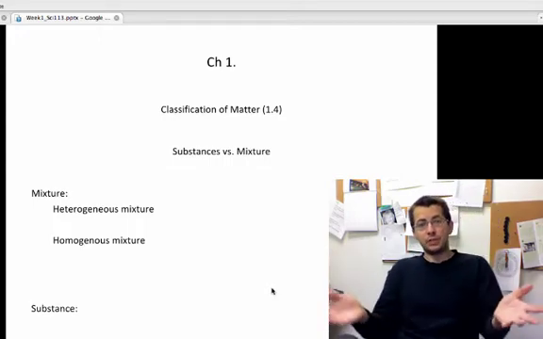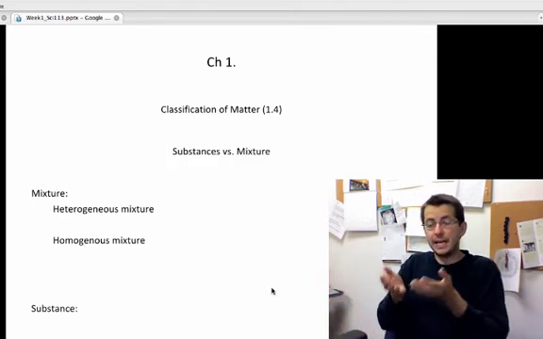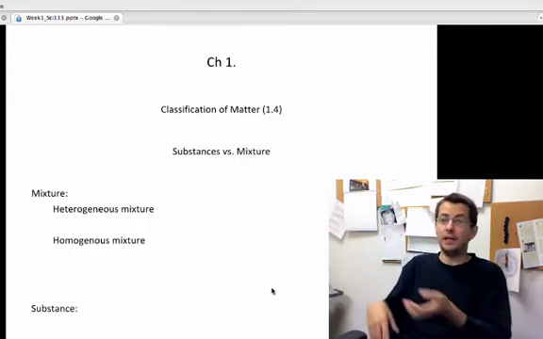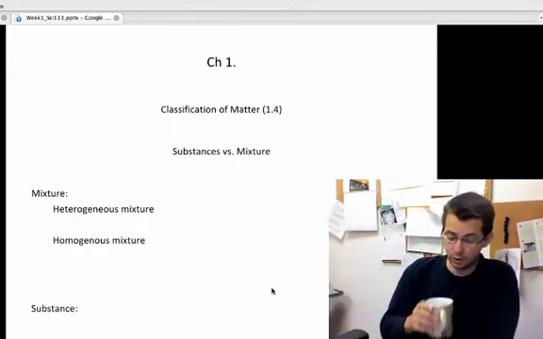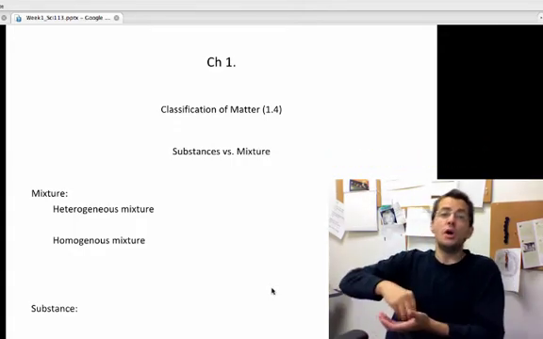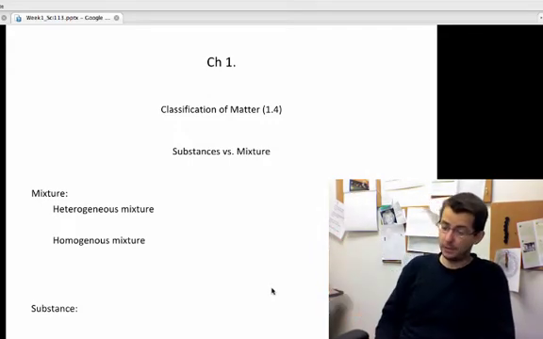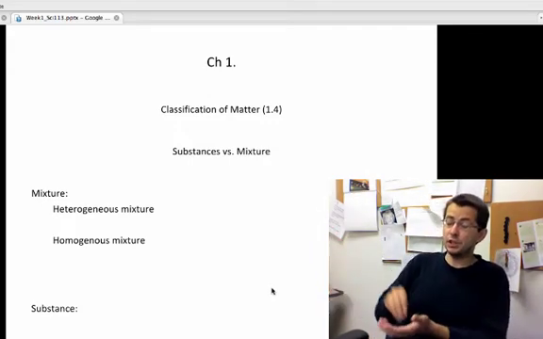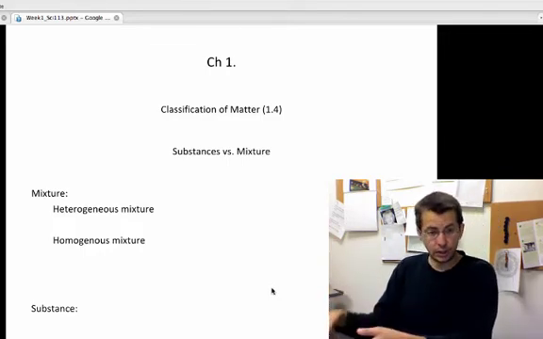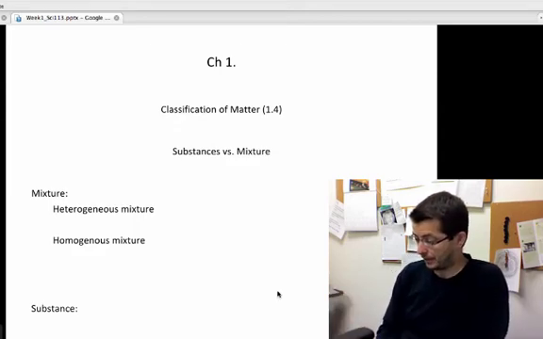Now, the properties of mixtures. You take a mixture, and you can use your physical properties to take components of that mixture and start to split them into different things. You take this sugar water solution with a little bit of caffeine in it, and you use the physical property of water, its evaporation temperature, boiling point, to evaporate off the water, and you'd be left with sugar and caffeine as a residue in this cup.